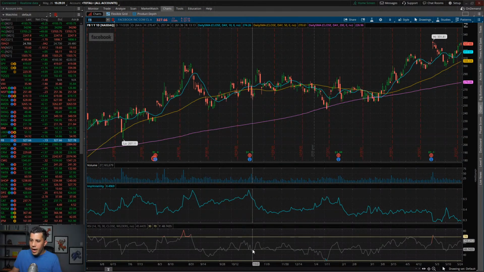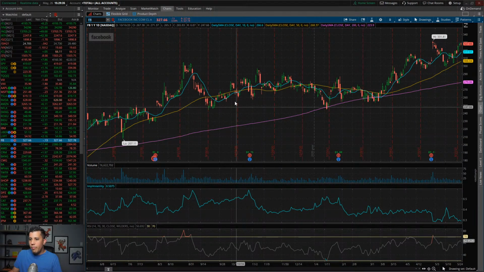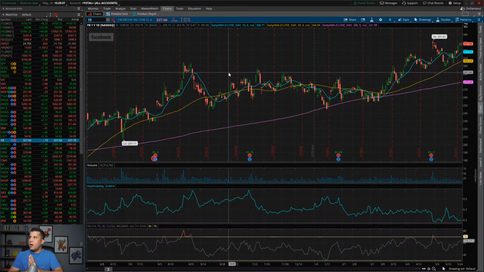I do use RSI a little bit to try to track oversold or overbought. But one thing that I want to say about indicators is indicators don't give you, as a trader, an edge. Some people are like, I'm going to buy every time RSI gets oversold, or I'm going to short every time RSI gets overbought, right?